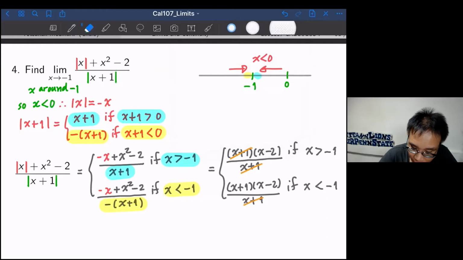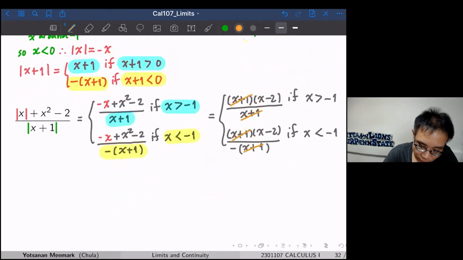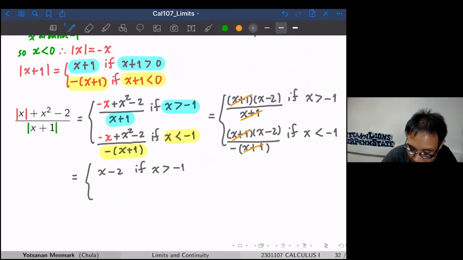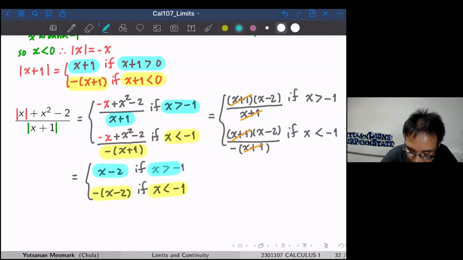I forgot the negative sign, so it's going to be a negative sign. So in this case you get x minus 2 if x is more than negative 1, and you get negative x minus 2 if x is less than negative 1. This one is the yellow case, and this one is the blue case.